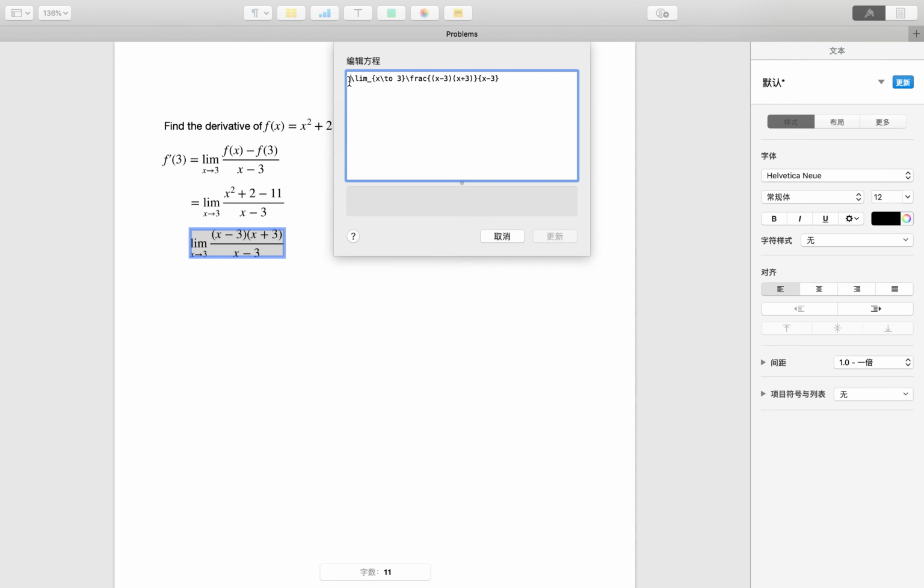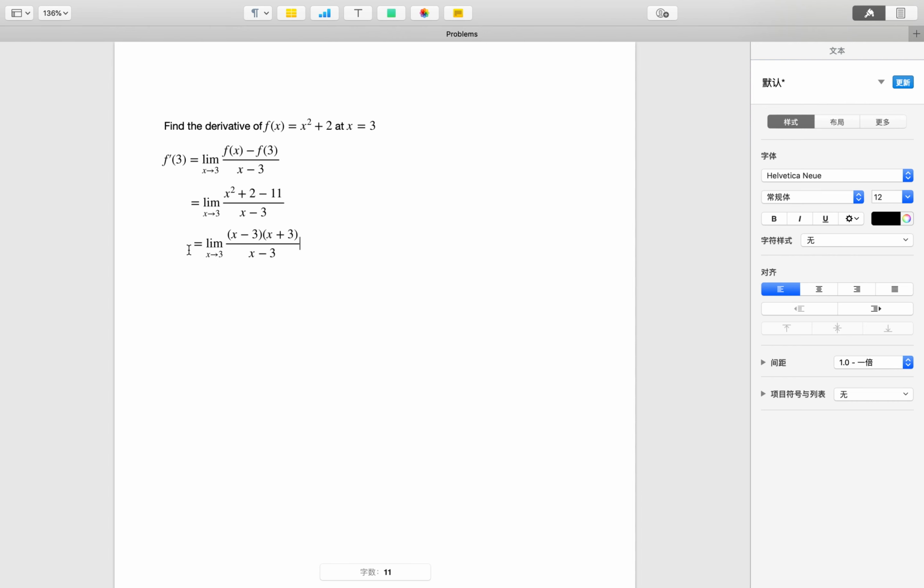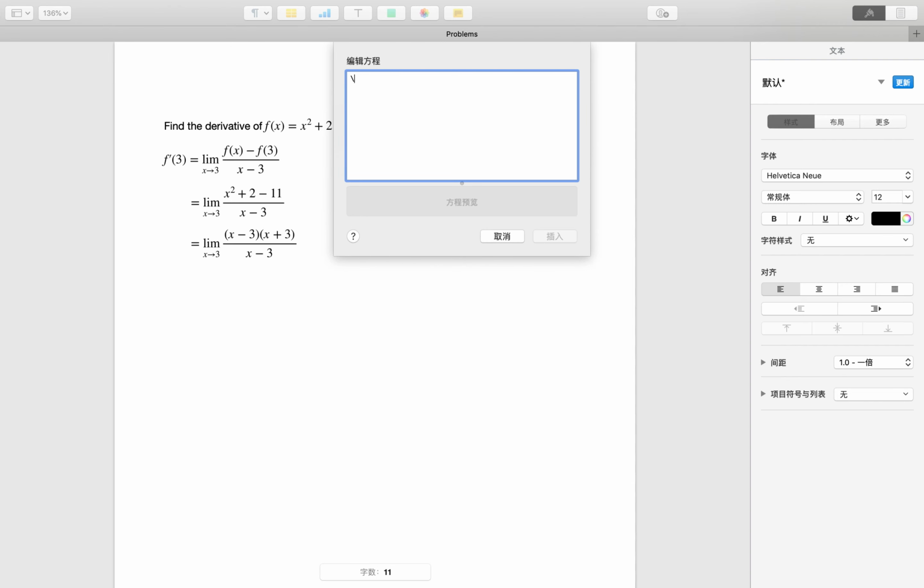Let me add the equal sign and align it. So this limit becomes the limit as x approaches 3 of x plus 3 after you cancel the common factor of the numerator and the denominator, and you get 6.